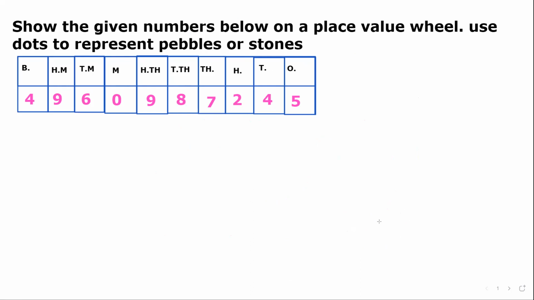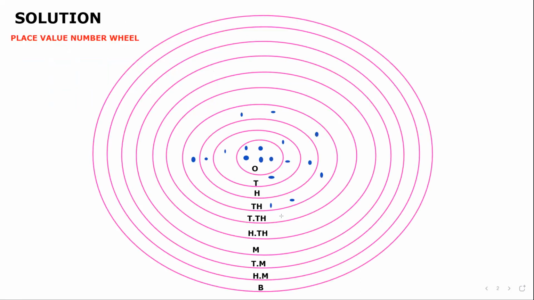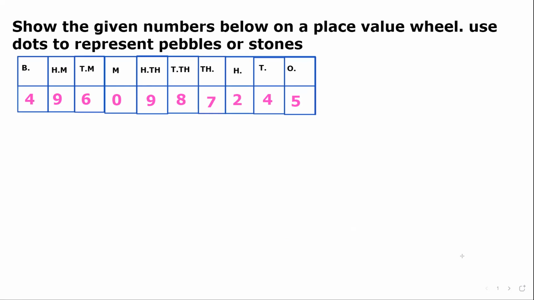Then for the tens of thousand, we have 8. 1, 2, 3, 4, 5, 6, 7, 8. Then the hundreds of thousands, we have 9.